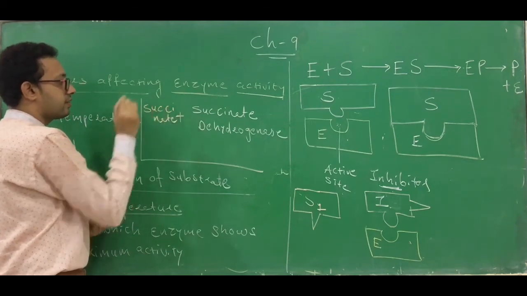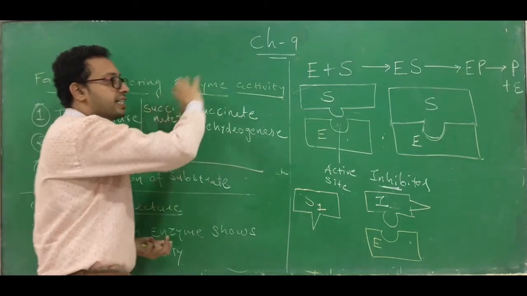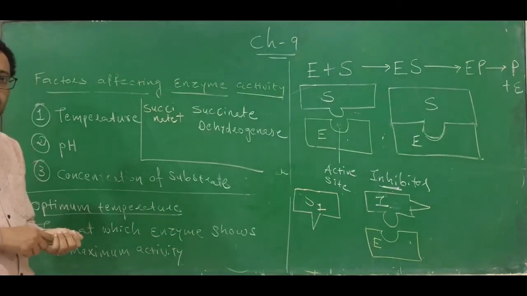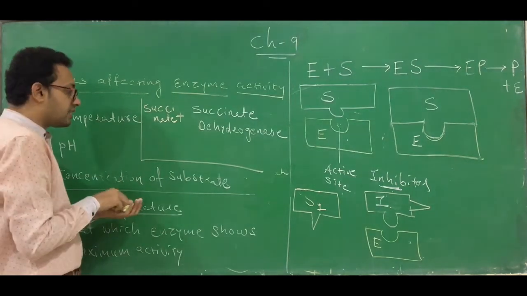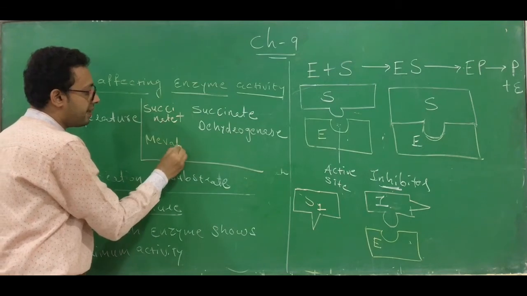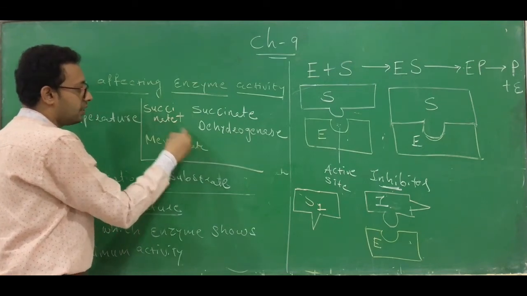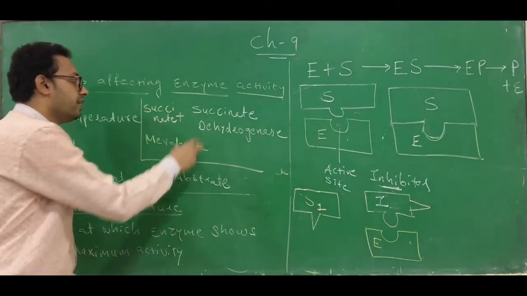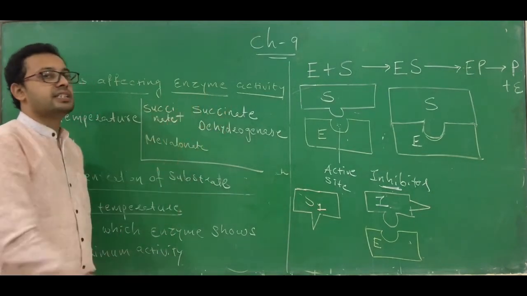Succinate is a substrate. So usually succinate is going to be converted into some other moiety. બરાબર છે? Clear? But a similar looking structure like succinate is malonate. If you see the structure of succinate and malonate, they are similar. Actually, succinate binds with this enzyme.